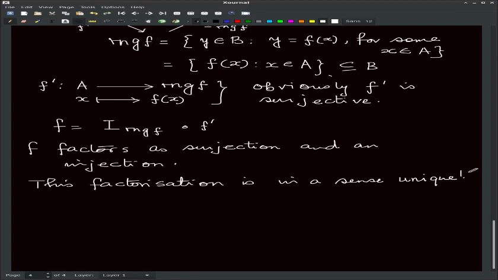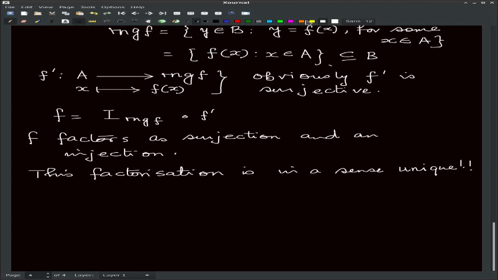Now that's what I am going to show now. But to do that, I need first an auxiliary result. So this is an auxiliary thing that I need. So let me call it a lemma.